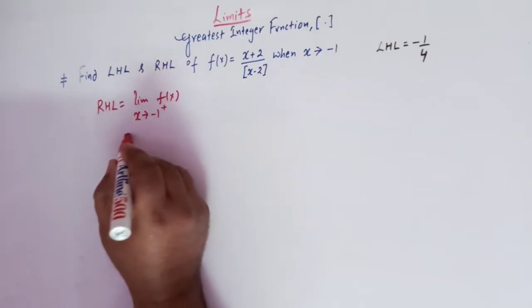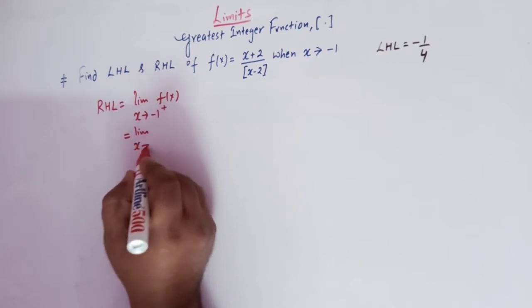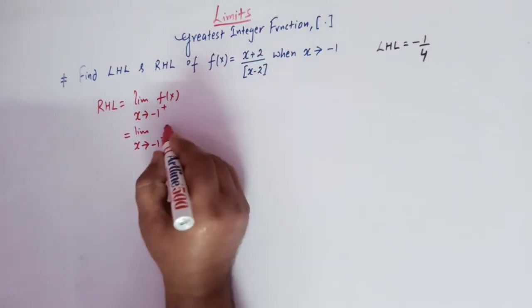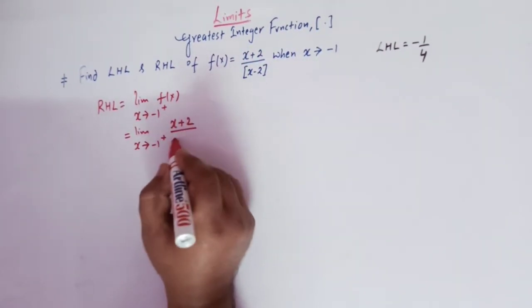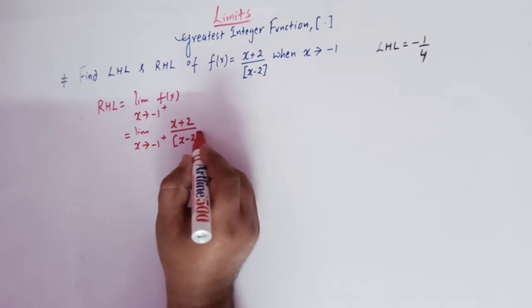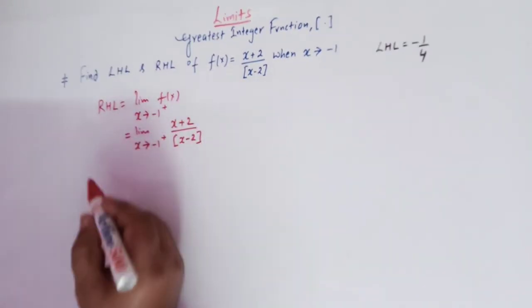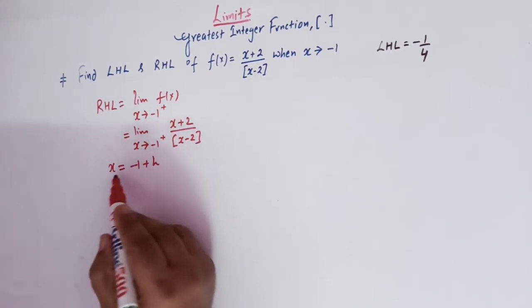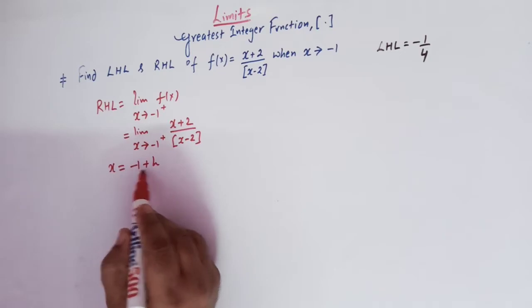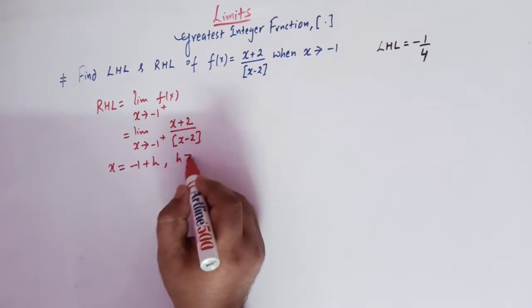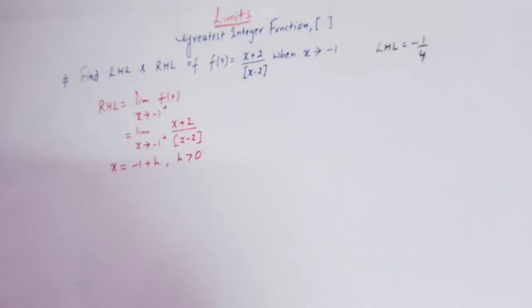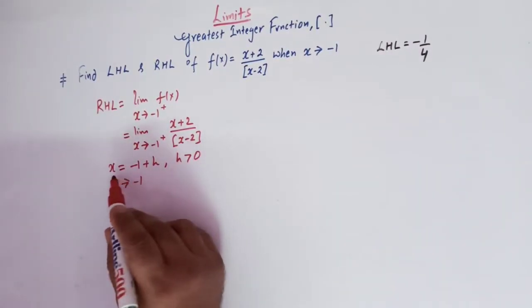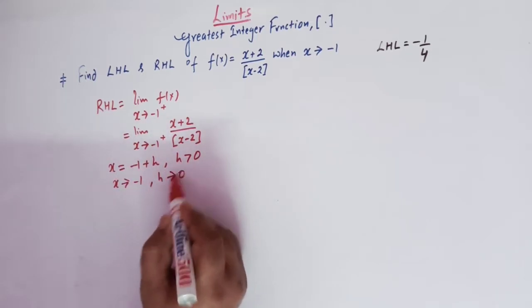So now we can write limit x tends to minus 1 plus, and for f of x we can write x plus 2 over greatest integer of x minus 2, right? So now we'll put x is equal to minus 1 plus h, where h is greater than 0 and h is a very, very small quantity, and when x tends to minus 1, obviously h tends to 0, right?